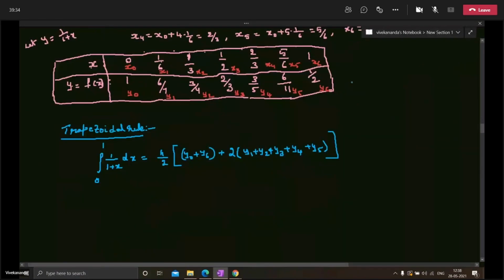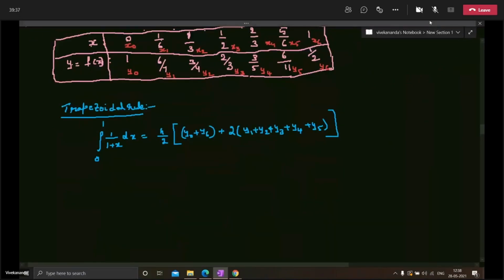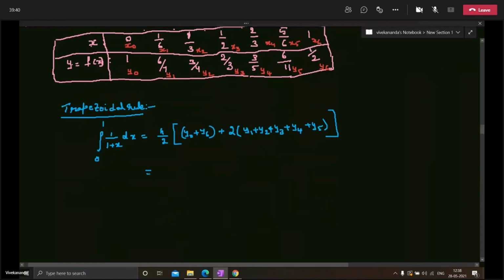So 1 by 6 by 2 into y naught is 1, y6 is 1 by 2, plus 2 into y1 6 by 7, y2 3 by 4, y3 2 by 3, plus y4 3 by 5, plus y5 6 by 11.